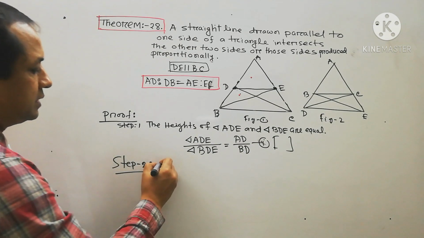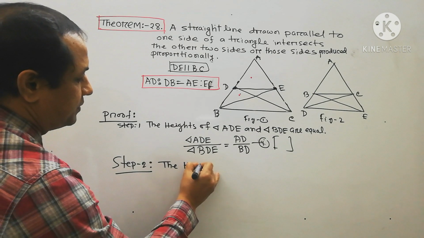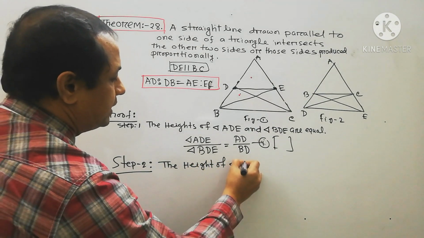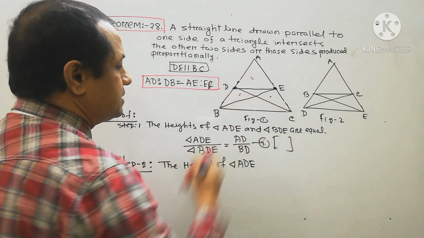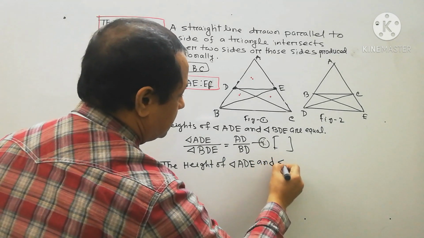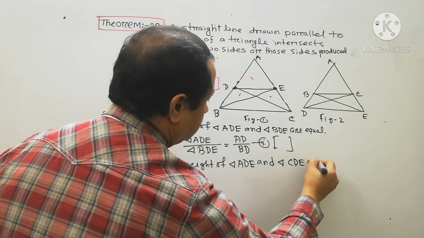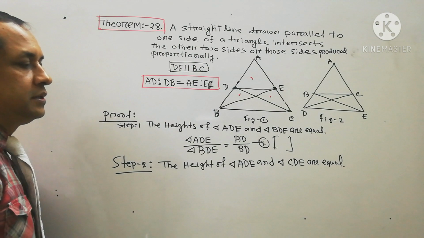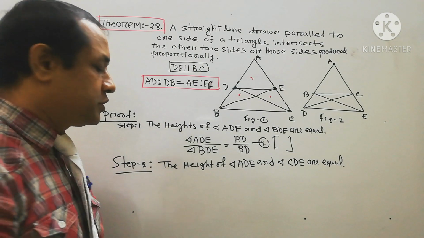Students, here the heights of triangle ADE and triangle CDE are equal. So similarly, their bases and areas are proportional.